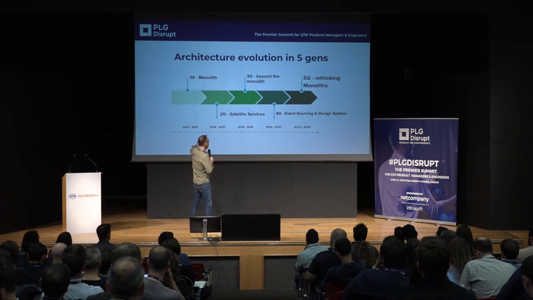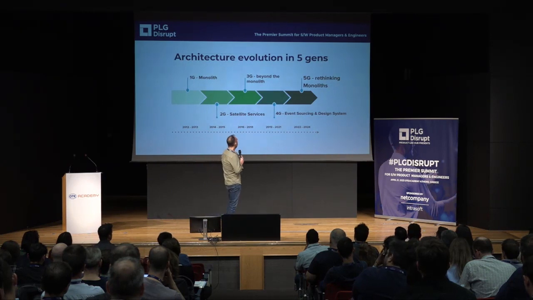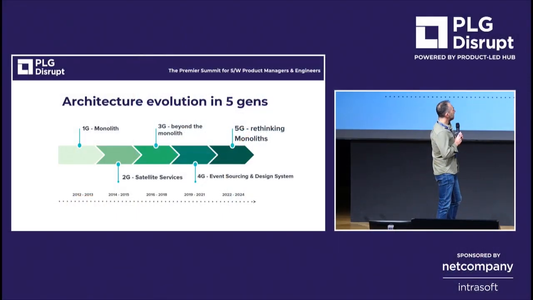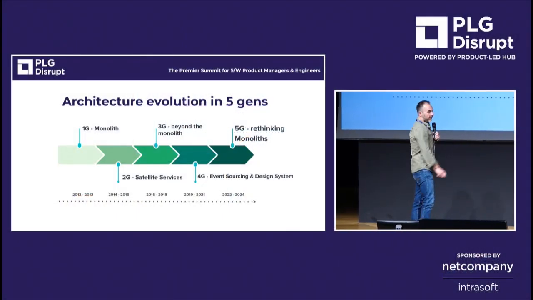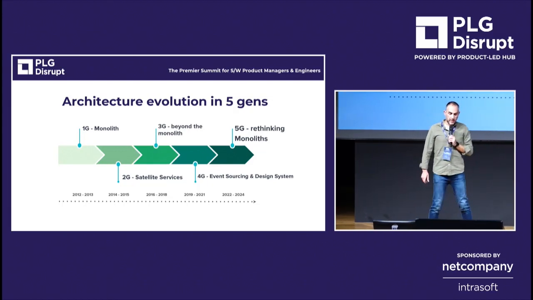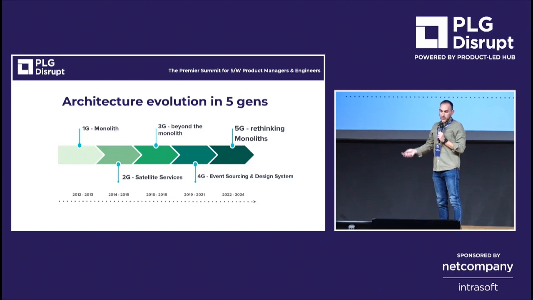So we started building some satellite services. On the third generation, we started building beyond the monolith with more microservices and started employing event sourcing and distributed system techniques. And in the fifth generation, we completely rethought the monolith, also starting to deploy micro frontends on the UI.